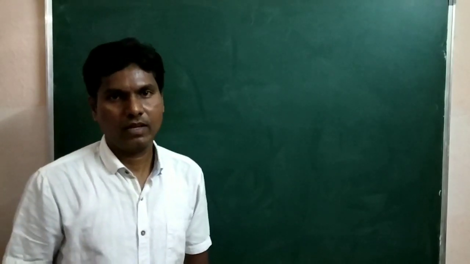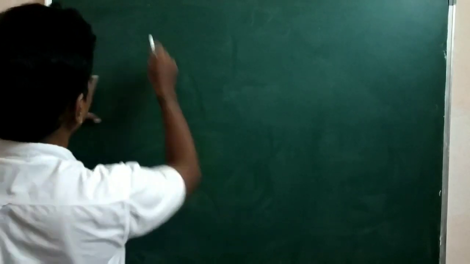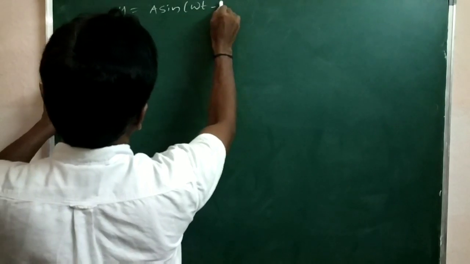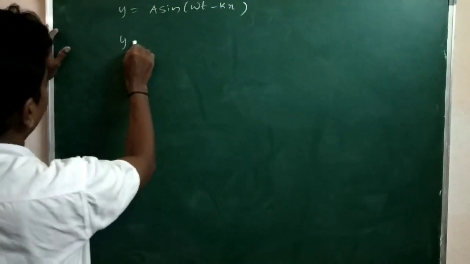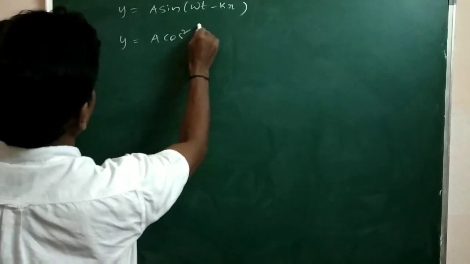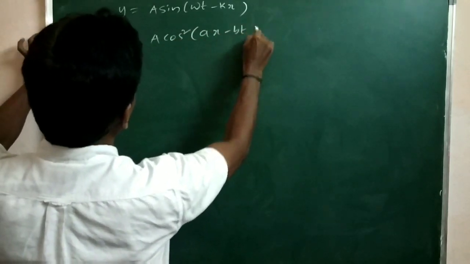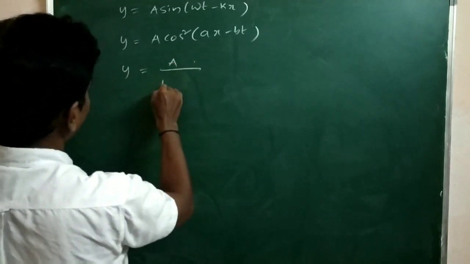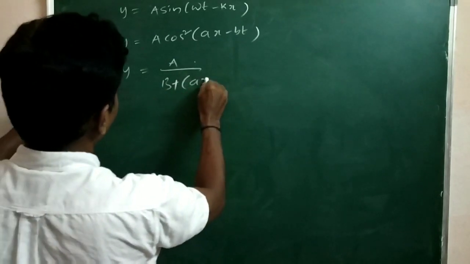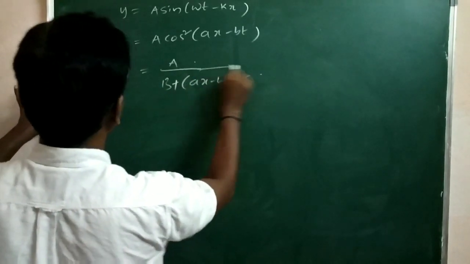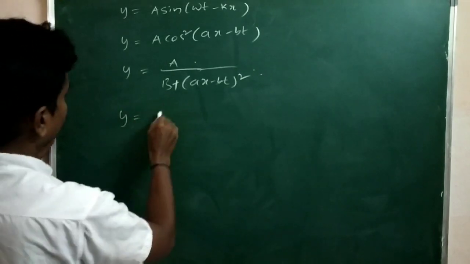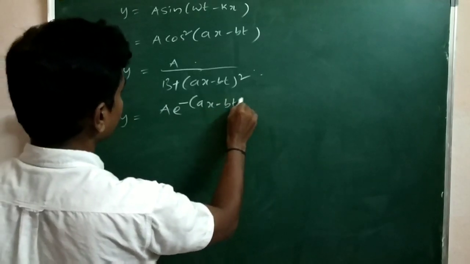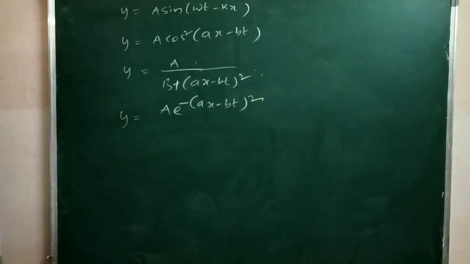The examples of traveling wave equations are y equals a sine omega t minus kx, y equals a cos square of ax minus bt, y equals a by b plus ax minus bt whole square, y equals a e to the power of minus of ax minus bt whole square.